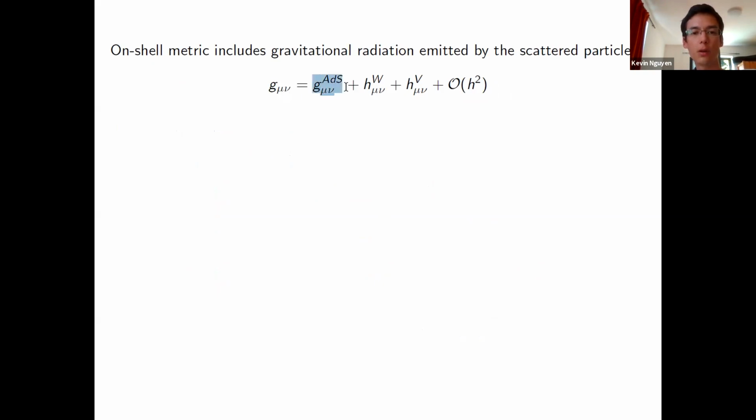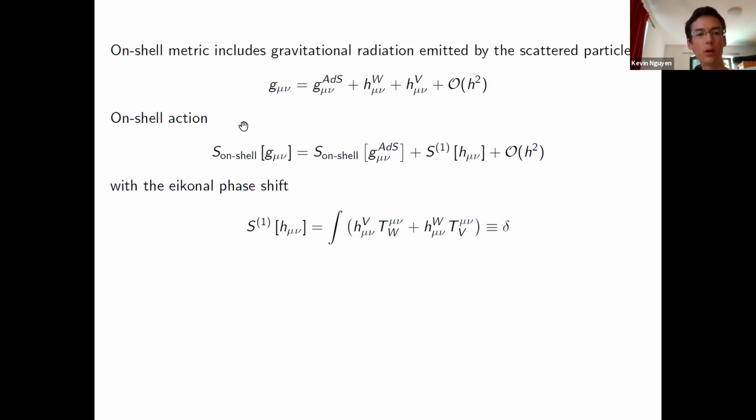It will be the sum of some background AdS metric that satisfies prescribed boundary conditions and perturbations, which are basically the gravitational fields of the 2 particles that are propagating in the bulk. And there are in principle higher order corrections, but we will truncate this to linear order.